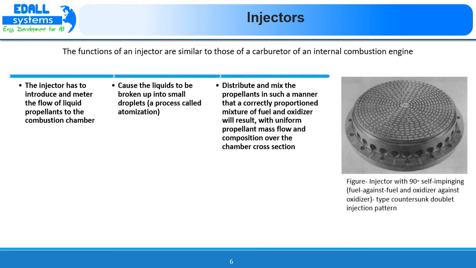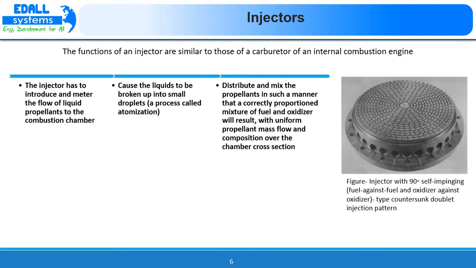So injectors are called the carburetors for rocket engines. The same way, it has to meter the propellant flow, break it up into small droplets, and distribute it inside the combustion chamber in the correct proportion over the entire chamber cross section.